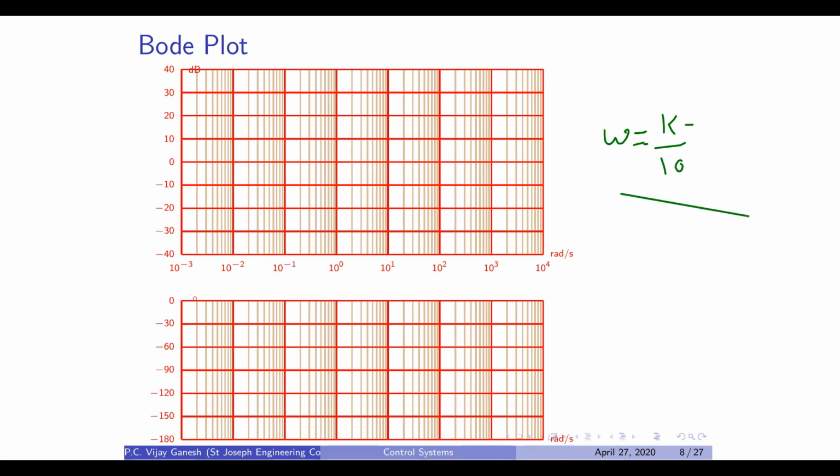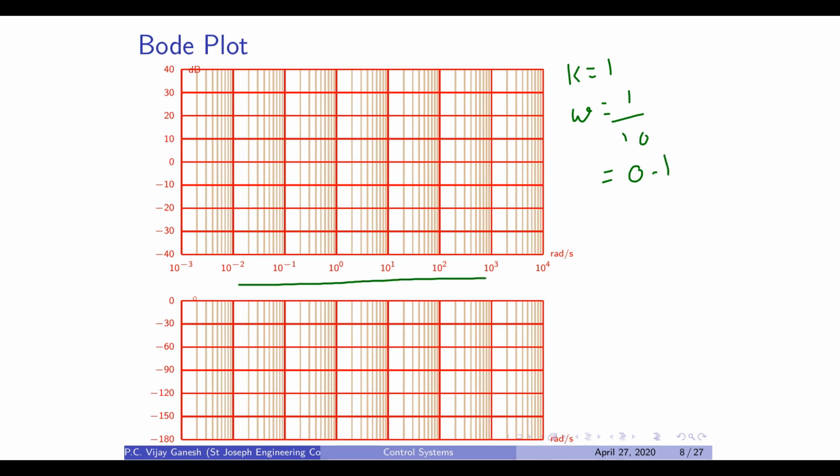If I assume the k value is equal to 1, then the omega value will be equal to 1 by 10, which is equal to 0.1 for us.